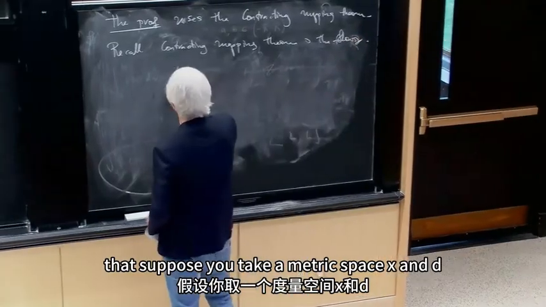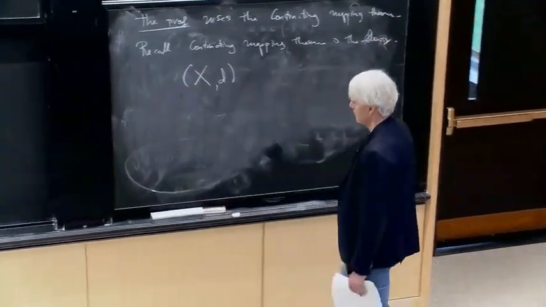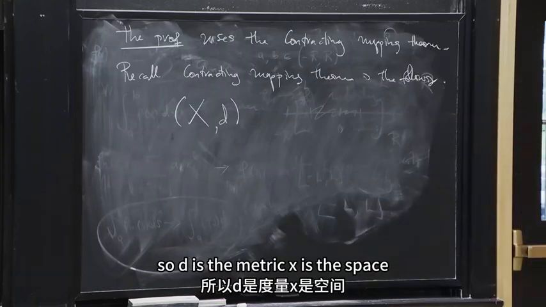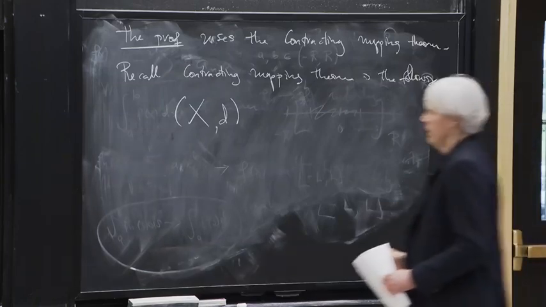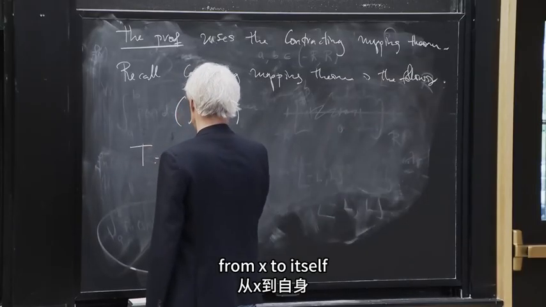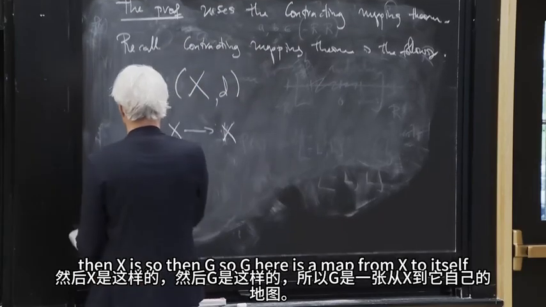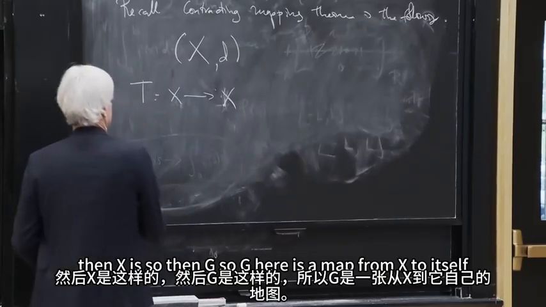Suppose you take a metric space, X and D. So D is the metric, X is the space. And suppose you take a map T from X to itself.